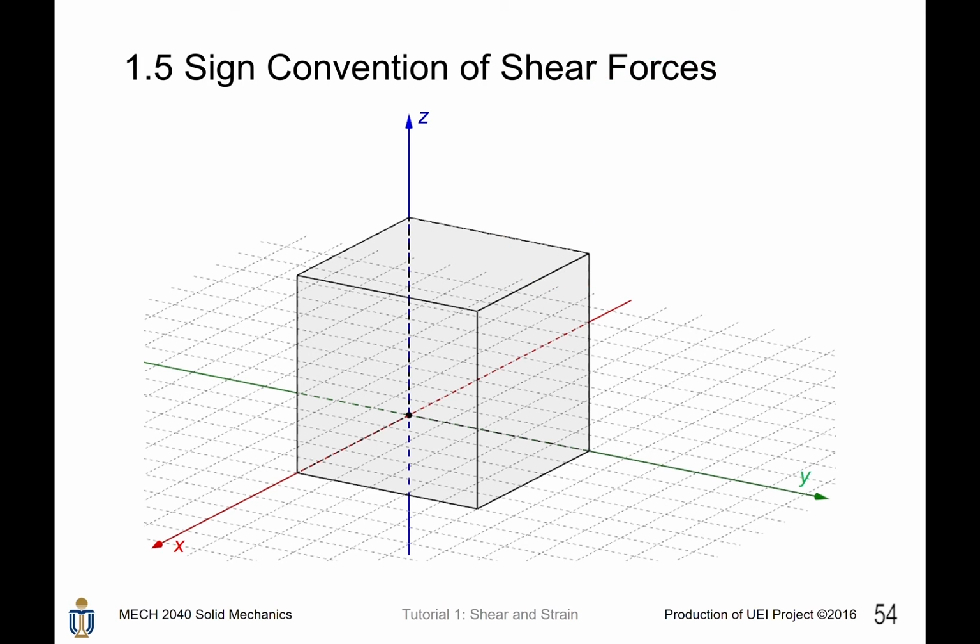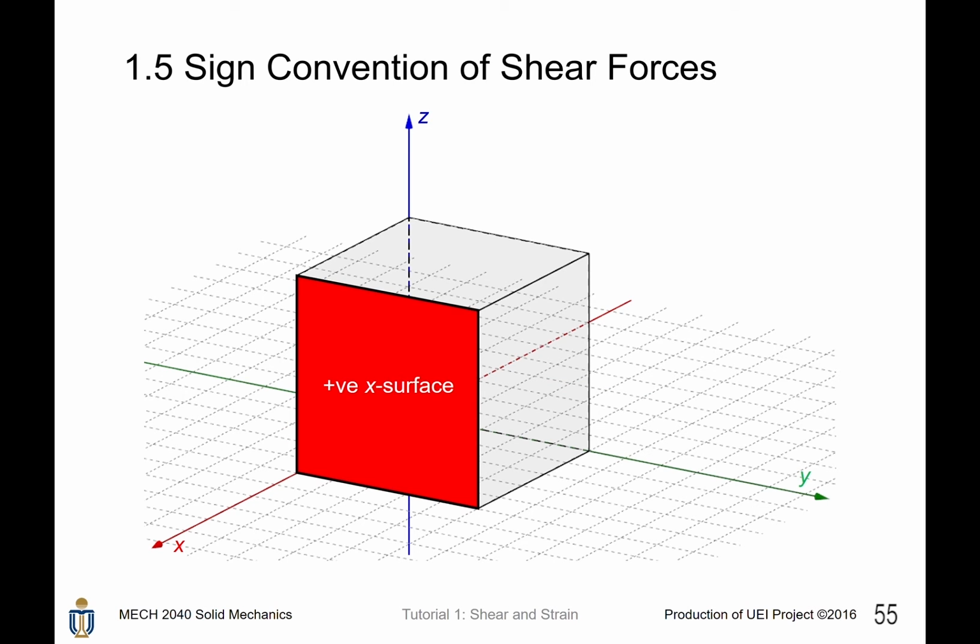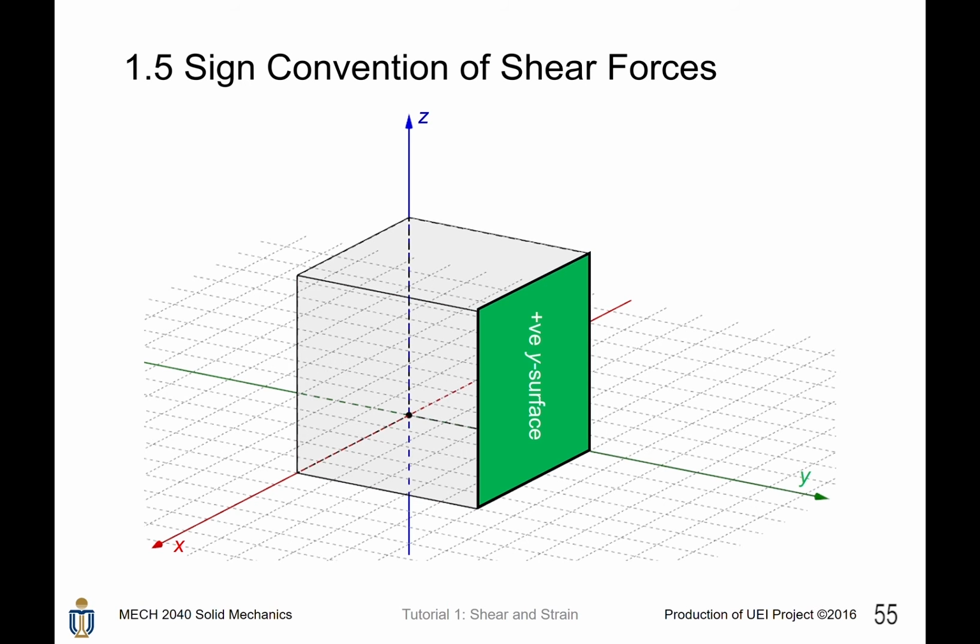First of all, let's try to understand what positive and negative surfaces are. Consider the x, y, and z axes shown here, and those three faces are facing outward. This is called the positive x surface because it is facing outward, and the x-axis is the outward normal to the surface. This is called the positive y surface because the positive y-axis is the outward normal to this surface.